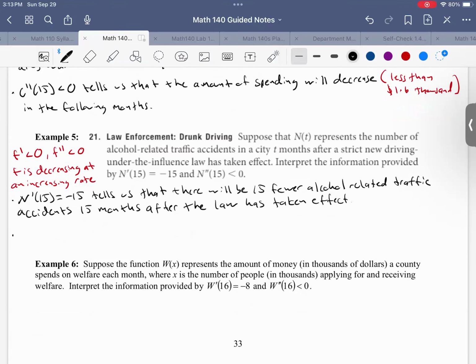So now what does the second one tell us? It's at 15 months, and it's less than zero. We don't have a numerical value, but we know it's less than zero. So what does this tell us?